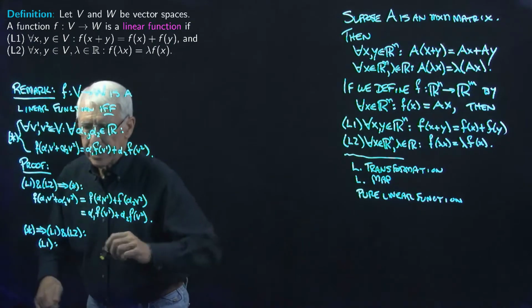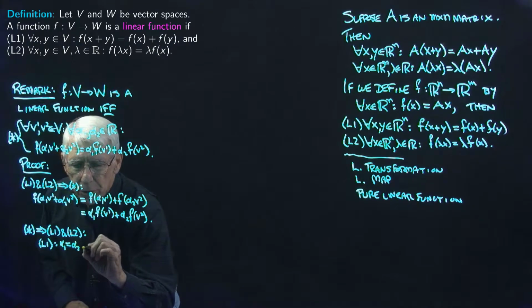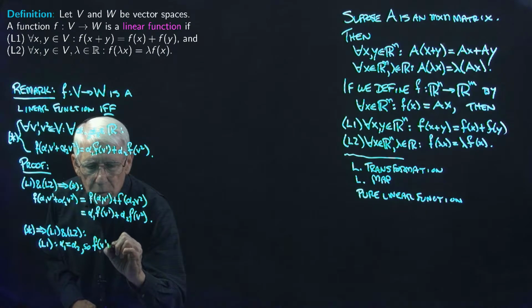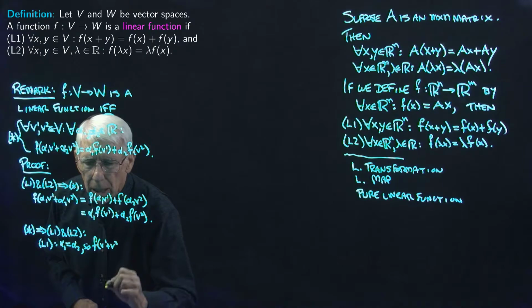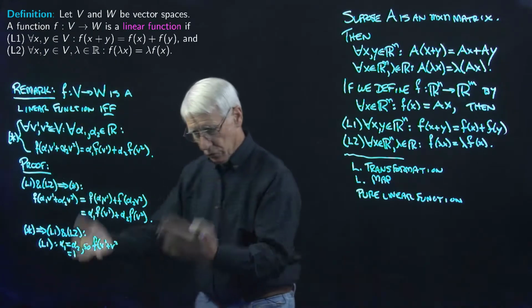So here we can simply let alpha 1 equal alpha 2, so we have f of v1, this should be equal to 1. Alpha 1 equals alpha 2 equals 1.